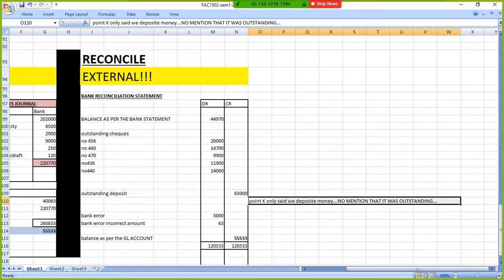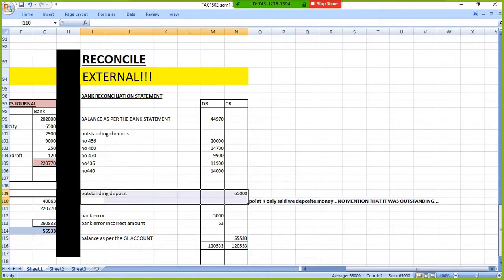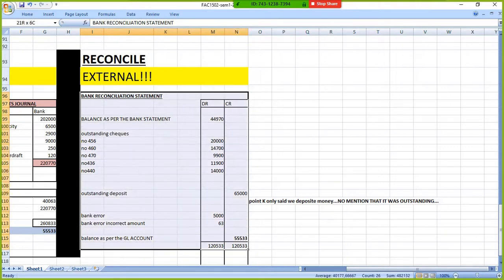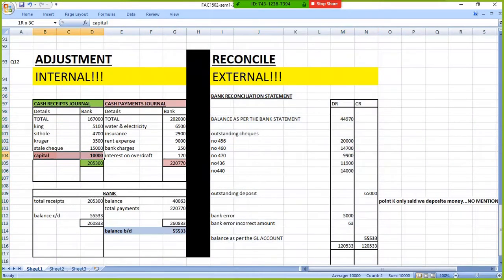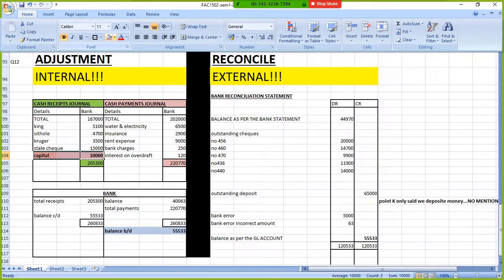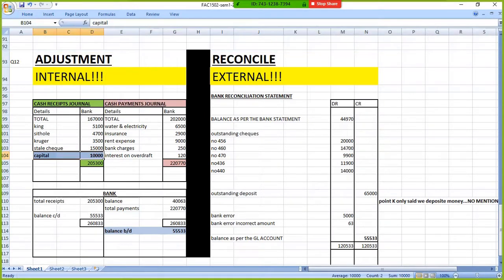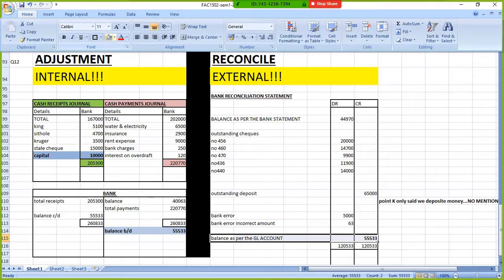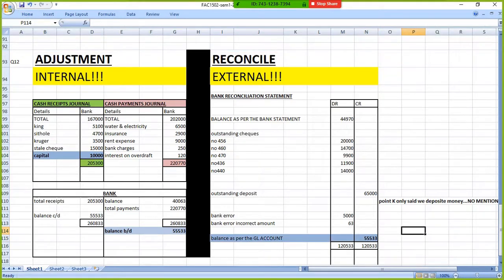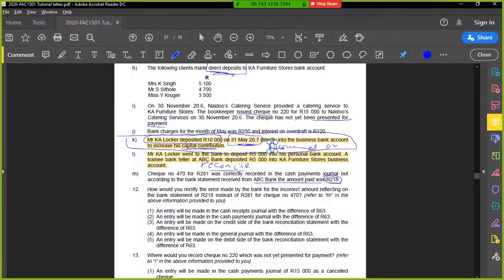If you make the assumption that it's outstanding and insert that here in the bank reconciliation statement, it doesn't balance. If you assume it's something that you haven't accounted for, then it balances, and that was the mistake. Because you should have that balance like that. I knew it was one of those two. It was either this one or that one because it was out by 10,000, 20,000.